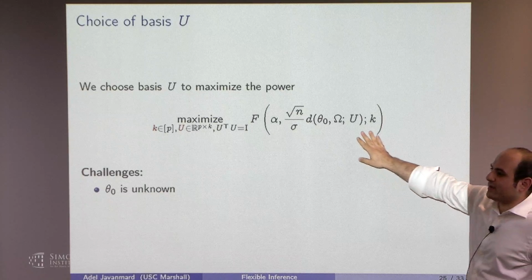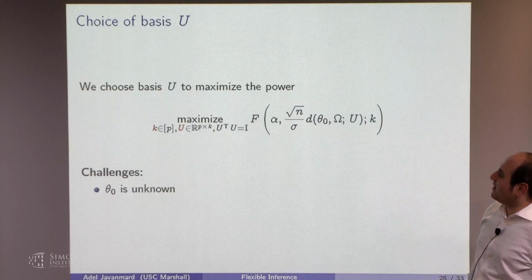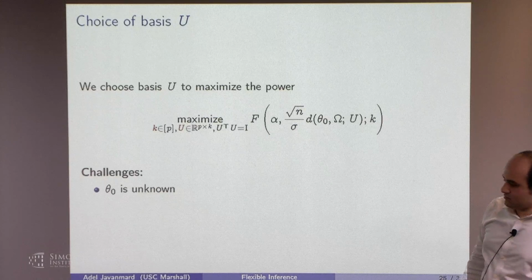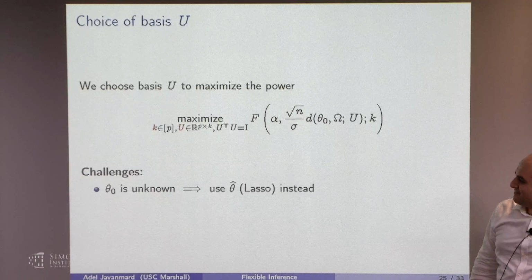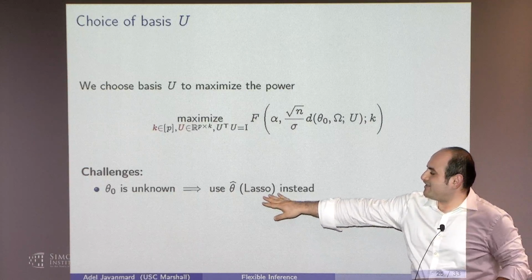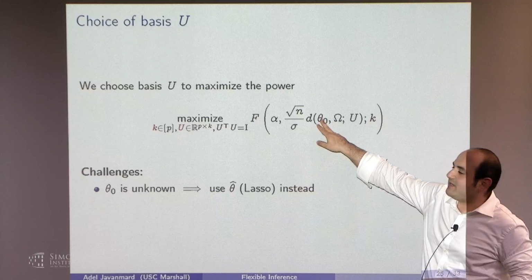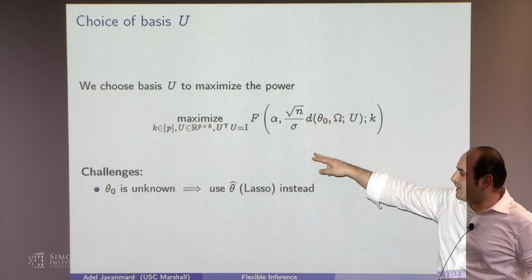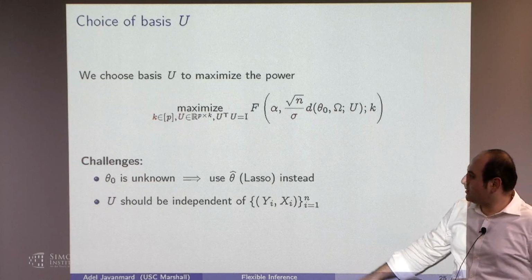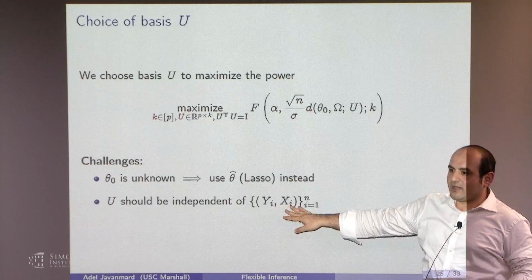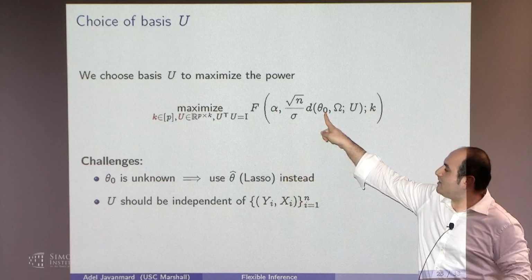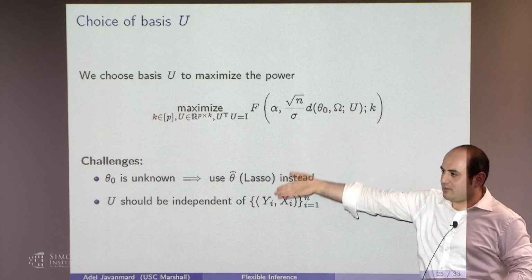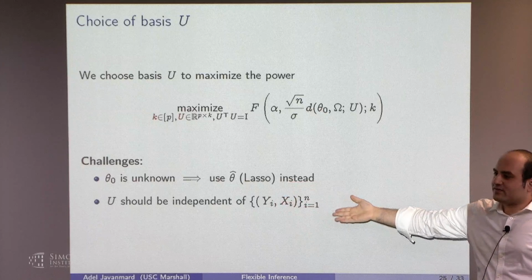So if I want to go about this problem, the easy way is to use Lasso instead of theta 0. I replace this by theta hat. But this gives me another problem, because I want U to be independent of yi and xi. If I use the Lasso estimator here, then the U that I obtain depends on theta hat and depends on the data. How do I solve this?